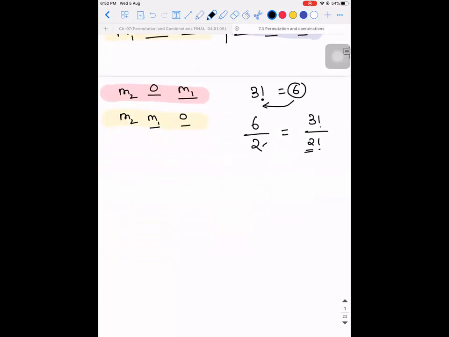Now I will write another word, the example that is given in your textbook. A 4-lettered word is slightly complicated, but we will try our best to understand it better. Okay, we'll do one thing. Tell me a word where 2 letters are repeated.